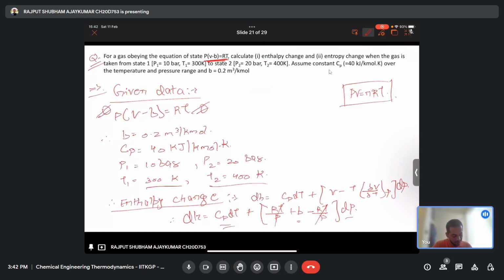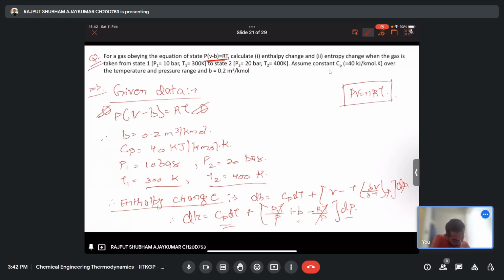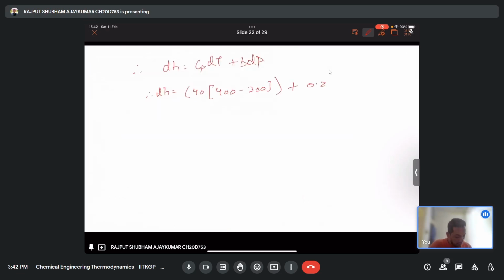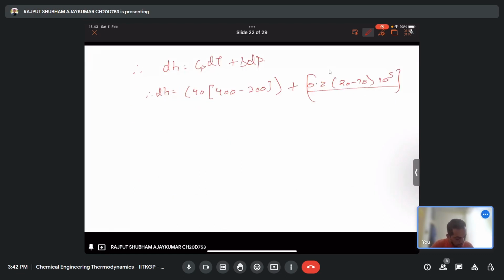V has been given to us as 0.2. And pressure is given to us as 20 and 10, so 20 minus 10 is 10. And that is in bar, so we'll convert into Pascal. And this 0.2 is in meter cube per kilomole.